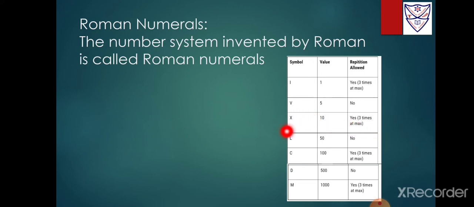L is a symbol, value is 50 and it is not repeated. C is a symbol, value is 100 and it is repeated a maximum of 3 times. D is a symbol, value is 500 and it is not repeated. M is a symbol, value is 1000 and it is repeated a maximum of 3 times, not more than that.